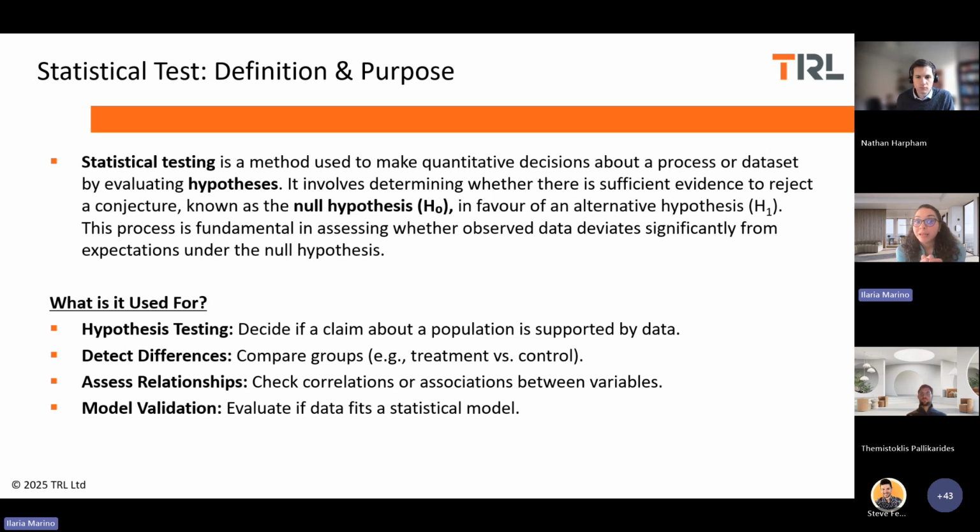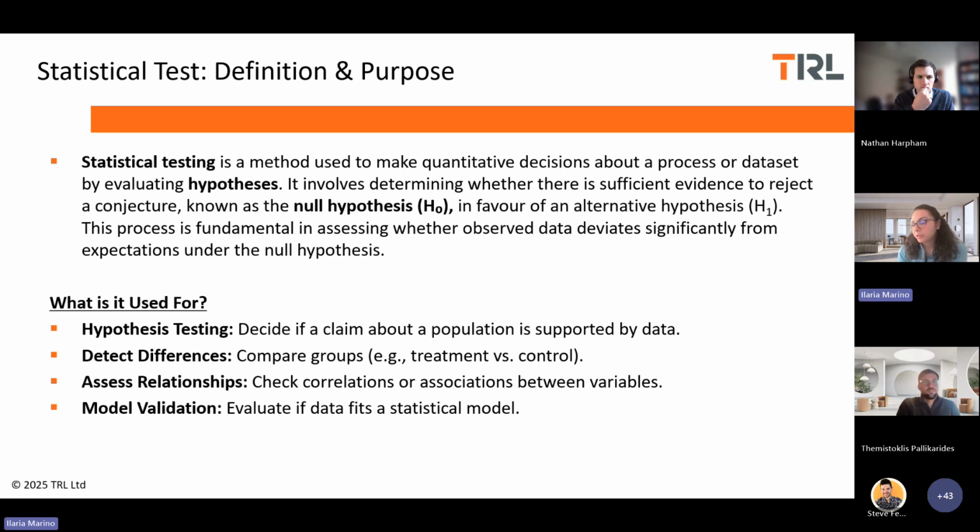But the idea is to look at the data first. So we want to look at patterns. We want to look at, is there something that we want to verify? And the idea of a statistical test is we start from a hypothesis that is the baseline. So we have an idea of the reality, and we want to verify that. We want to verify if there's been a change or if two scenarios are different.